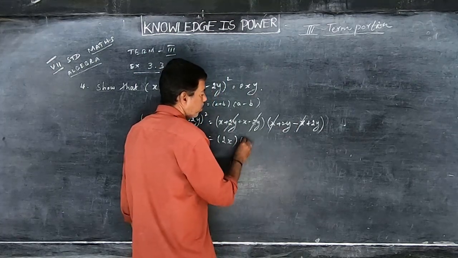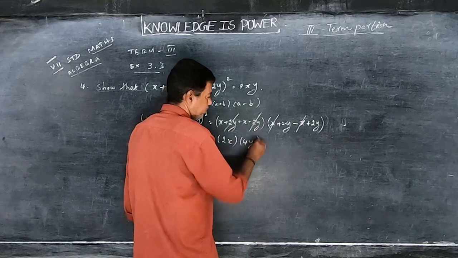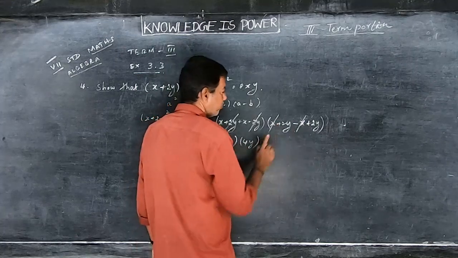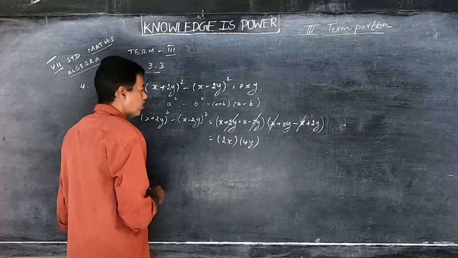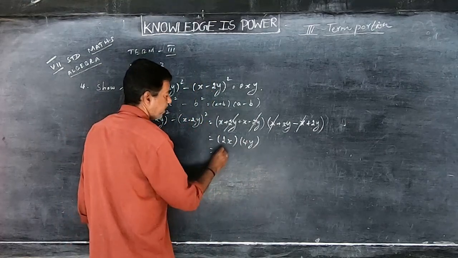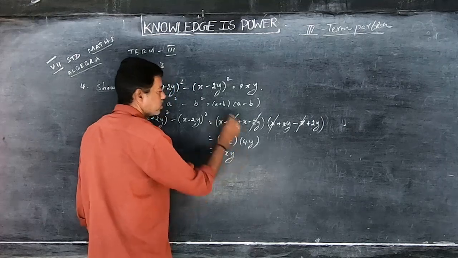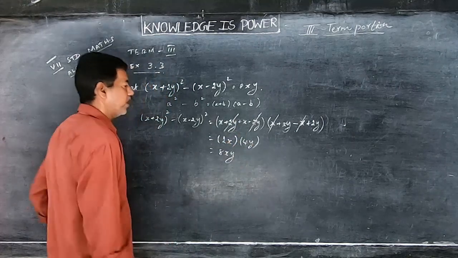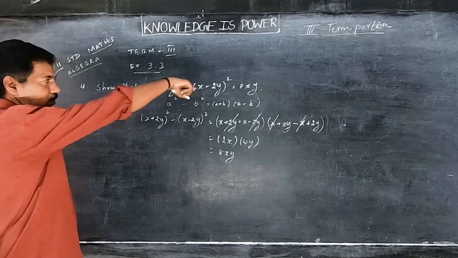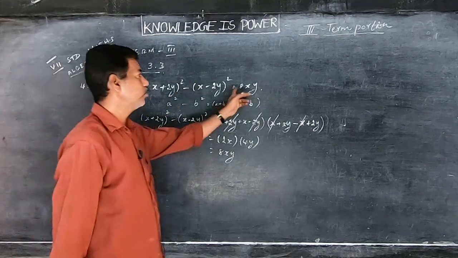So what will be there, 4y. Okay, 2y plus 2y, 4y. Can you able to follow this? Okay, now you have to multiply. 2 fours are 8, x is there and y is there. So you have to tell that 8xy. So that is the answer the question asked to prove.